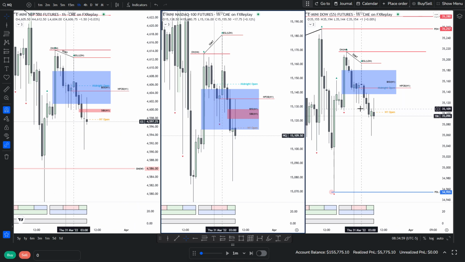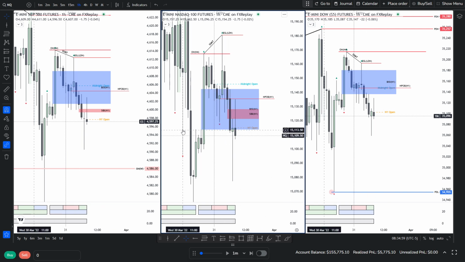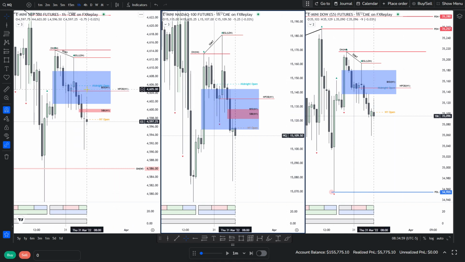And there's no imbalance on YM. So it's not looking like a trade idea as far as I'm concerned.